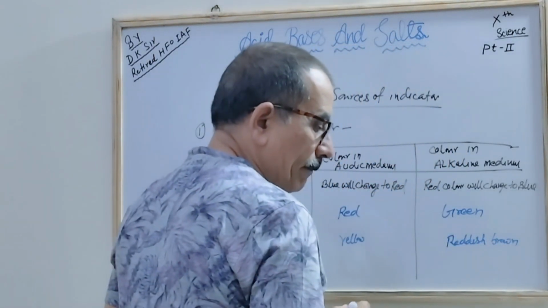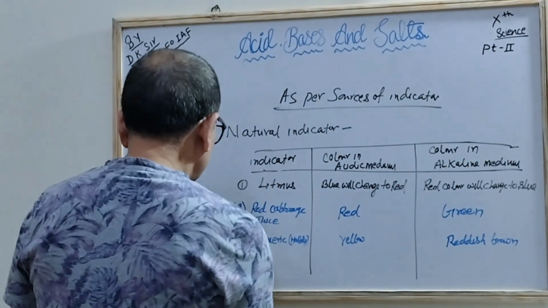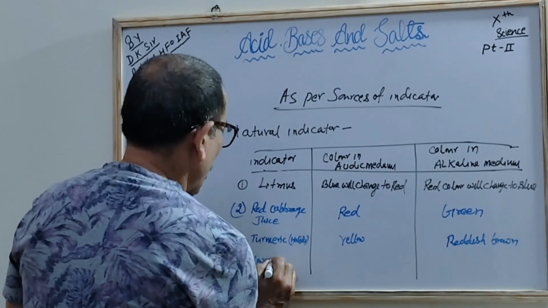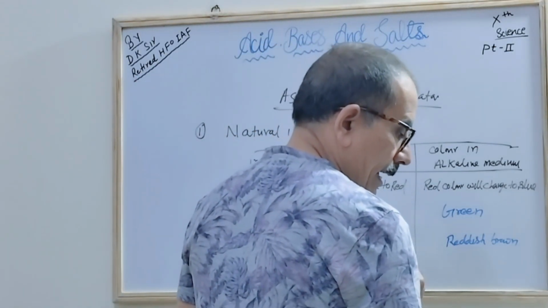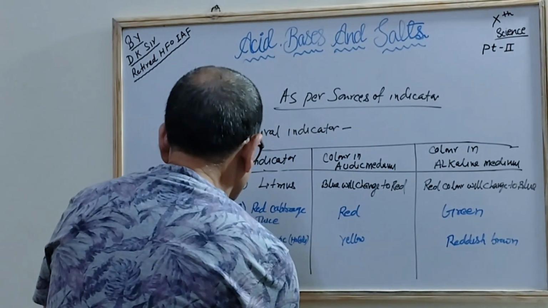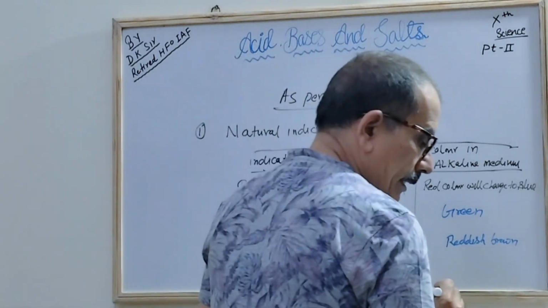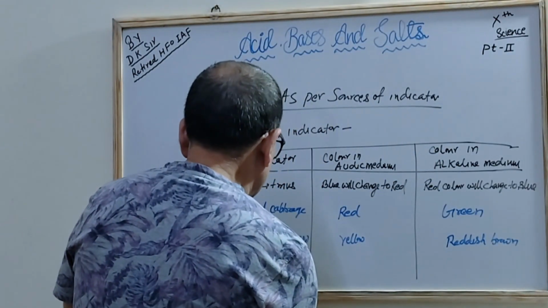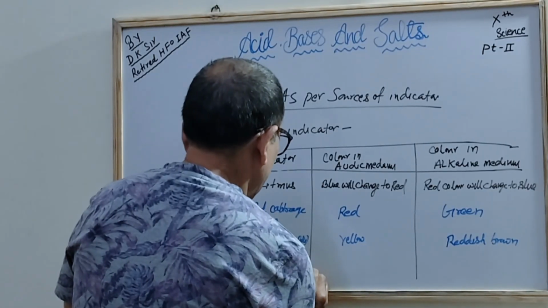The fourth is the flower of the hydrangea plants. Fourth is a flower, the flower of hydrangea. Hydrangea plants.